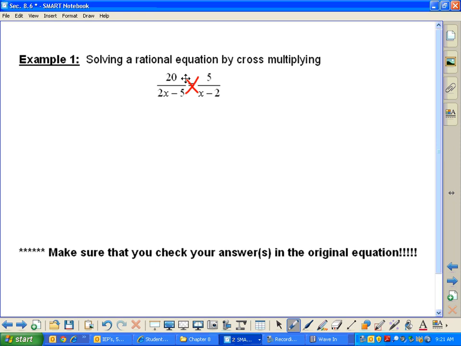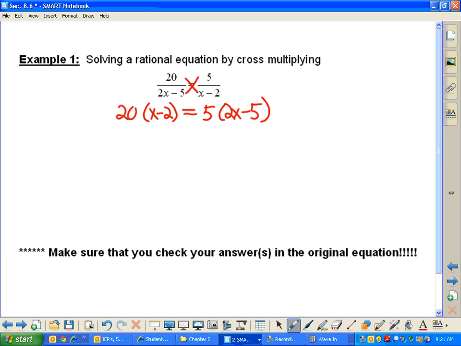That gives me a little insight into how I can set up my cross products. For instance, 20 times the quantity x minus 2, that product there, is actually the same as 5 times the quantity 2x minus 5.